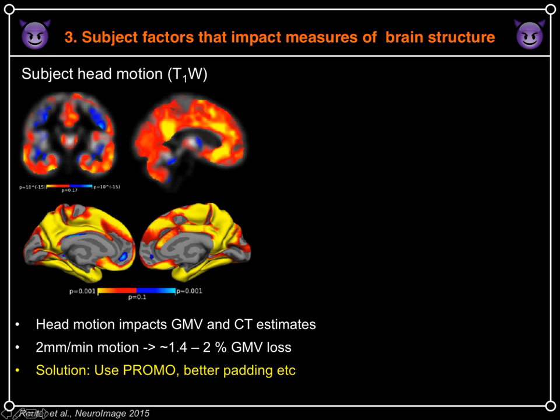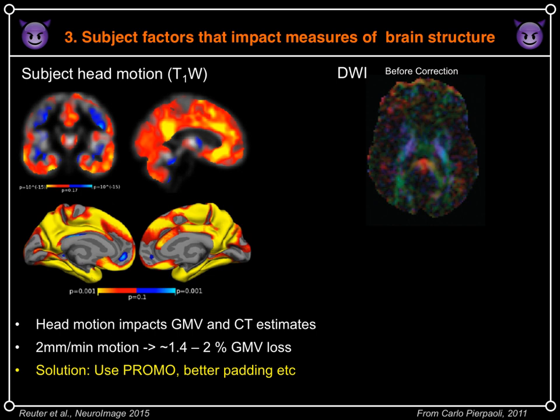Now, how do we correct for this? With a T1-weighted image, it's really hard to correct data that has motion in it, but we can use other techniques like prospective motion correction, as well as much older-style techniques such as better padding and putting the subjects through a mock MRI scanner, making them comfortable, and so on.